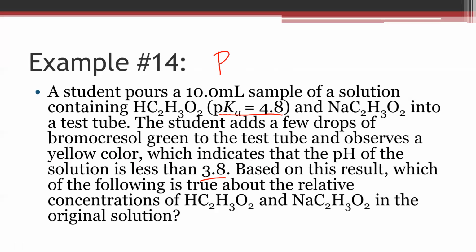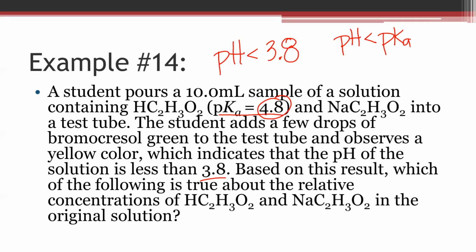So pH is less than 3.8. That is enough information for us to figure this out, okay? Because with that in mind, we know the pH is less than the 4.8, right? Because it's less than 3.8, which is even lower than that. So the pH is less than the pKa.